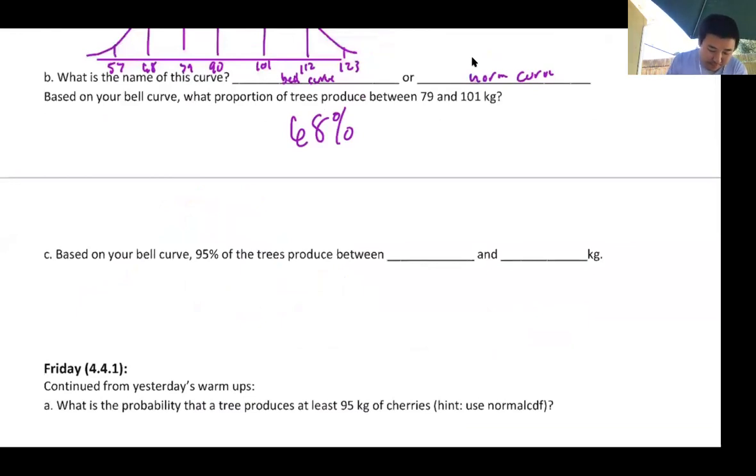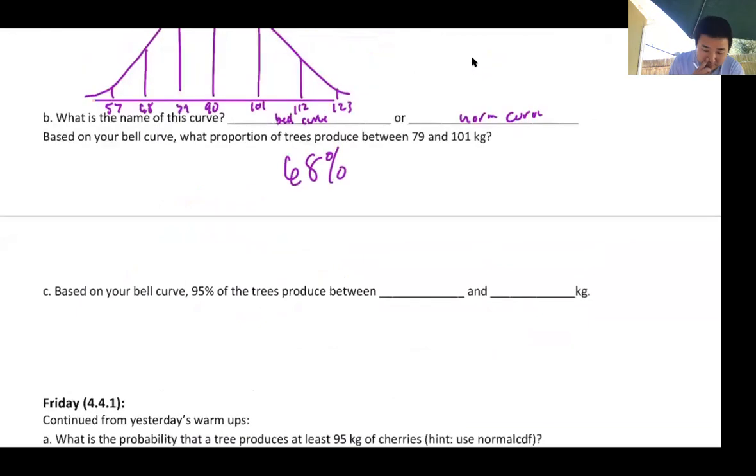So Friday's, continue from yesterday's one. What is the probability that a tree produces at least 95 kilograms of cherries? Use normal CDF. So the normal distribution was 90 and then 11.